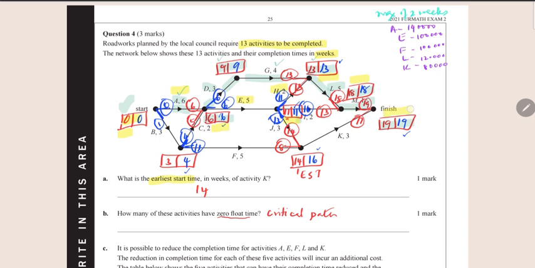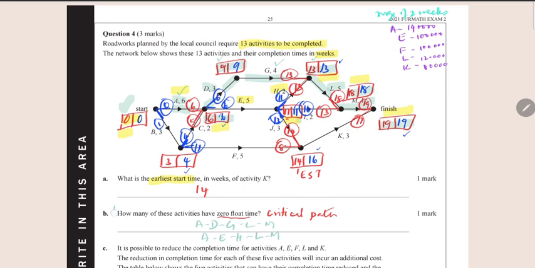And 18 plus 1 is 19. So clearly, there are multiple critical paths over here. One of them is A, D, G, L, M. And the other one is A, E, H, L, M.